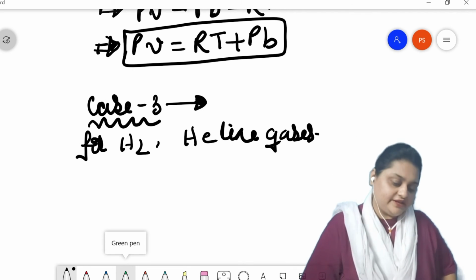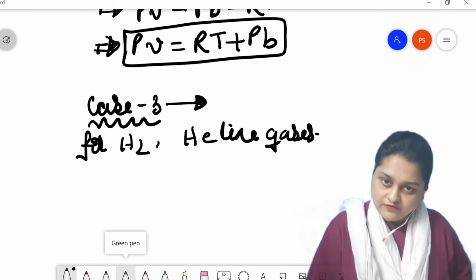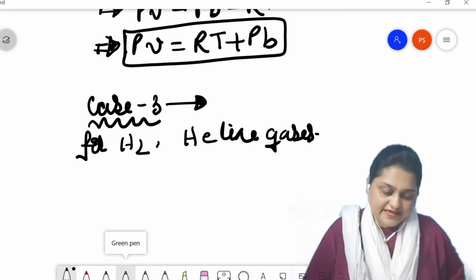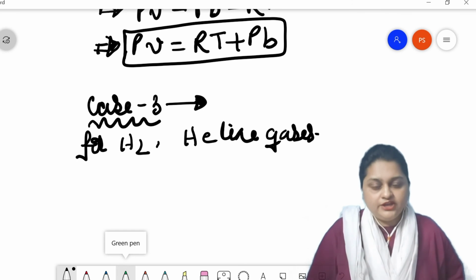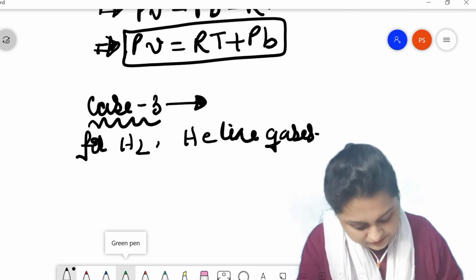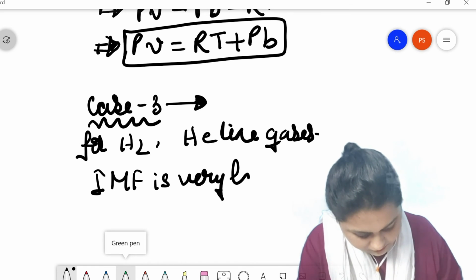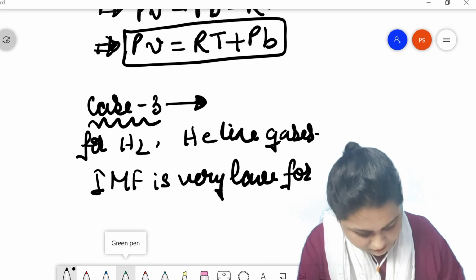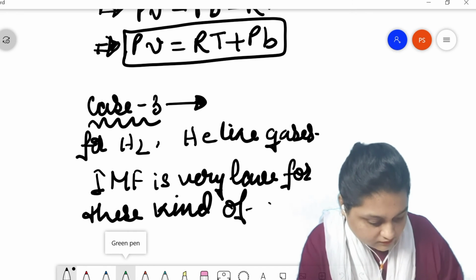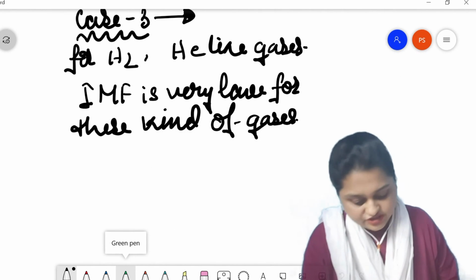Now, the constituent particles or molecules of hydrogen and helium gases are extremely small. It has been found that the intermolecular forces of attraction in these particles are extremely negligible. That's why the pressure correction factor value becomes negligible compared to the pressure at any range of pressure. The intermolecular force is very low for this kind of gases.